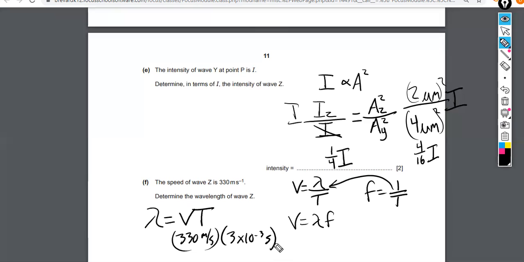I mean, you could calculate the frequency and then plug it into the other equation and manipulate that, but this is the most straightforward way based on what you're given. 330 times 0.003, 0.99. Almost 1 meter.